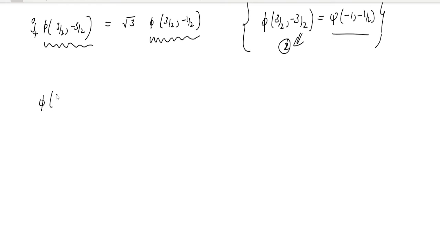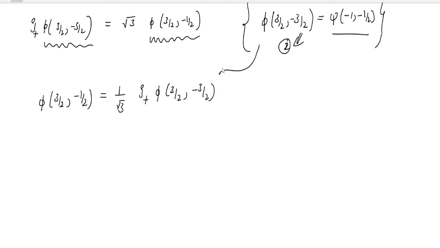Pi 3 divided by 2 comma minus 1 divided by 2 equal to 1 divided by root 3 j plus pi 3 divided by 2 comma minus 3 divided by 2.